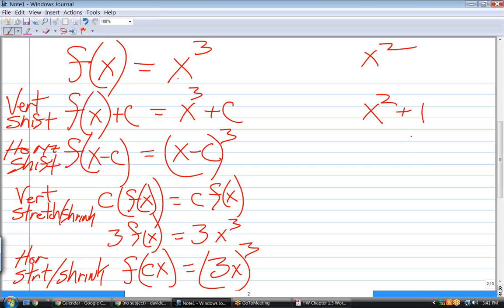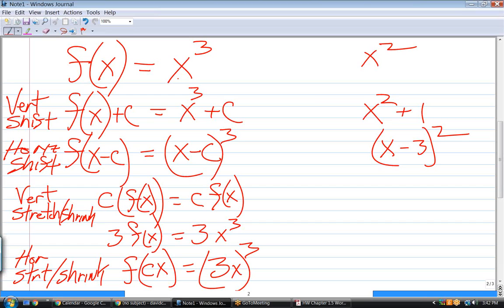So if I said to you, what is this? What is that? That's x squared, only there's a transformation happening to it. What is the transformation? Moving 3 horizontally. Would it be to the left? To the right. Oh, so it's the opposite.